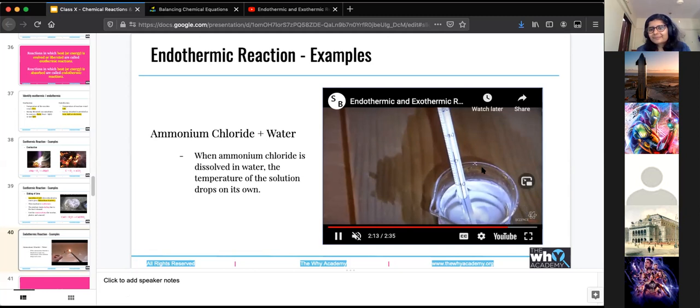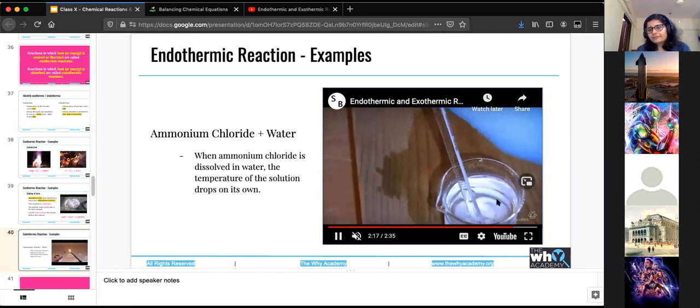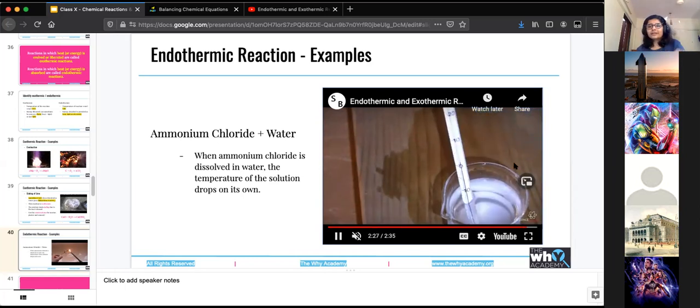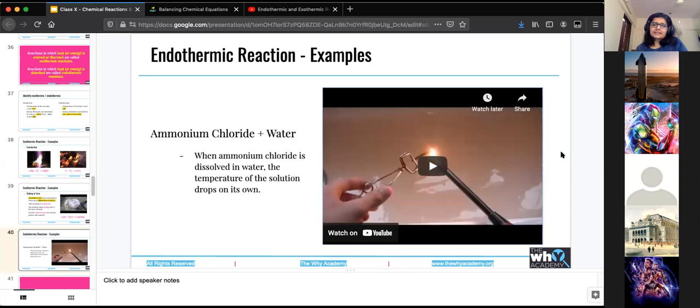That is because in order for this ammonium chloride and water reaction to take place, it takes energy from the surroundings, from the thermometer itself. And if you touch the beaker, it is cold to touch because it absorbs all the heat energy. So that's why this is an example of an endothermic reaction.